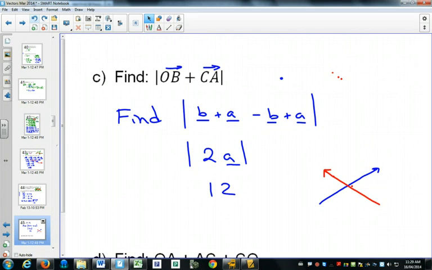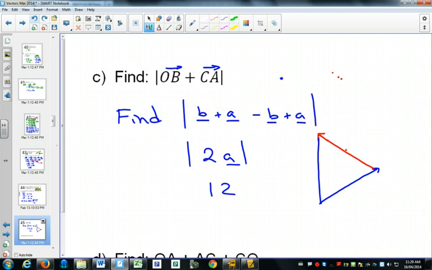But if I have O to B and then I want to add C to A, I've got to join them like that. And what ends up happening is you go from here up to here. Does that make sense? That would have been the same as two A's. And so we get a length of, was A 6 or 8? A was 8. So we get a length of 16.